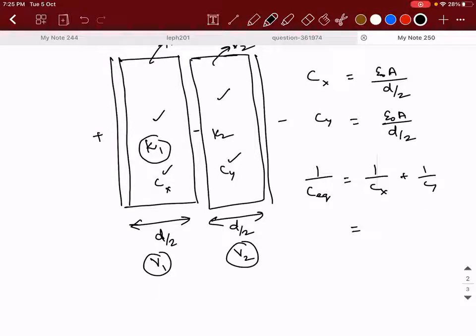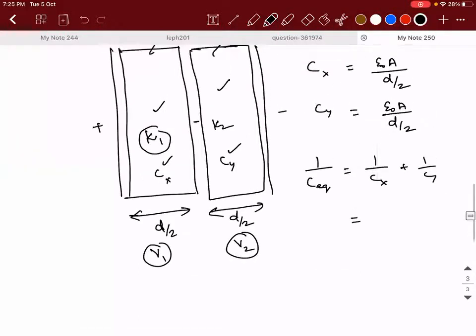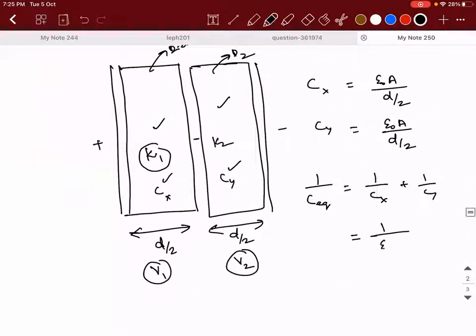So 1 by Cx plus 1 by Cy is going to give you what? 1 by epsilon naught A divided by D by 2 plus 1 by epsilon naught A divided by D by 2. But I missed something. Can someone correct my expression? Okay, kappa 1 and kappa 2.